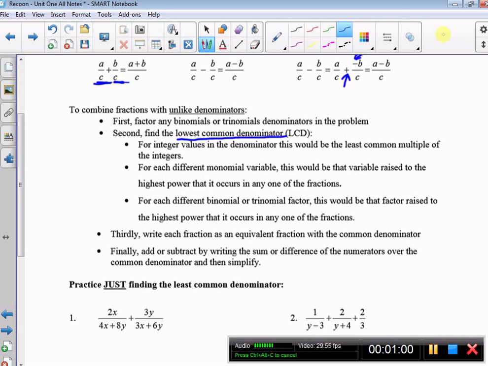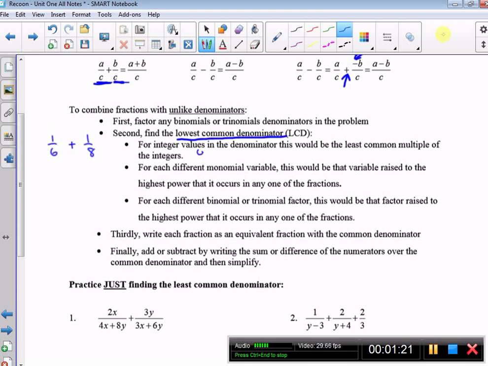So for the first type, integer values, let's say you were adding 1/6 and 1/8. You want to know the lowest common denominator between 6 and 8. So you're looking for the lowest common multiple of 6 and 8.